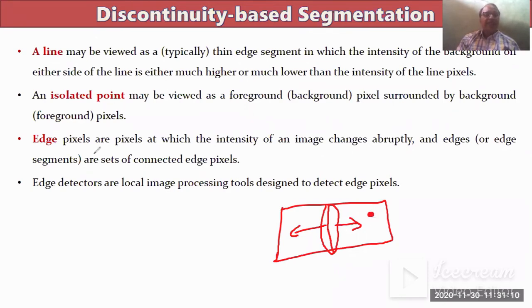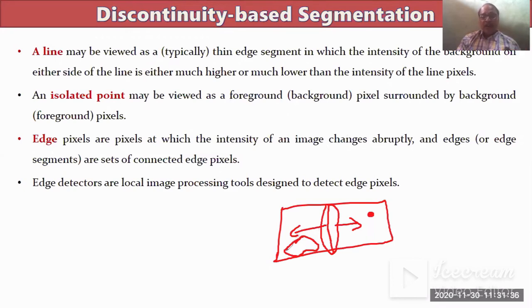And edge pixels are pixels at which the intensity of the image changes abruptly or rapidly, and an edge is a set of connected pixels. Now suppose this is the image and we want to check the edge based detection. So here the edge of this pixel, म्हणजे ह्या पर्टिक्युलर पिक्सेलची एज, सॉरी ह्या एजचं पिक्सेल and बाकीचे पिक्सेल, so it will be different.